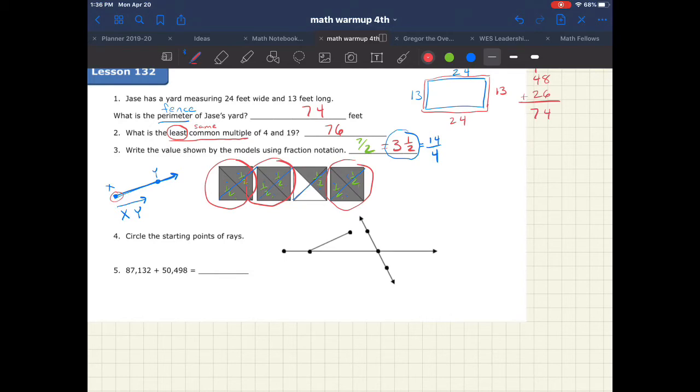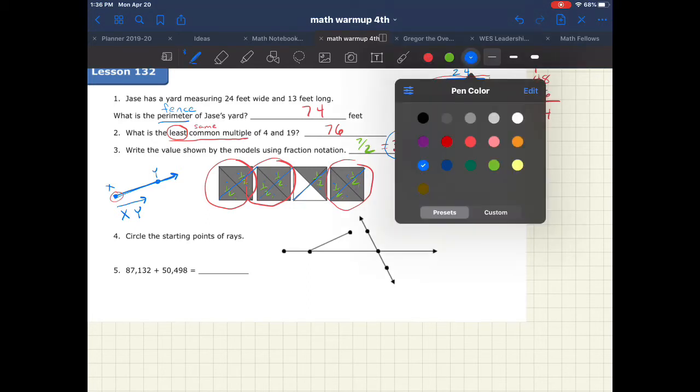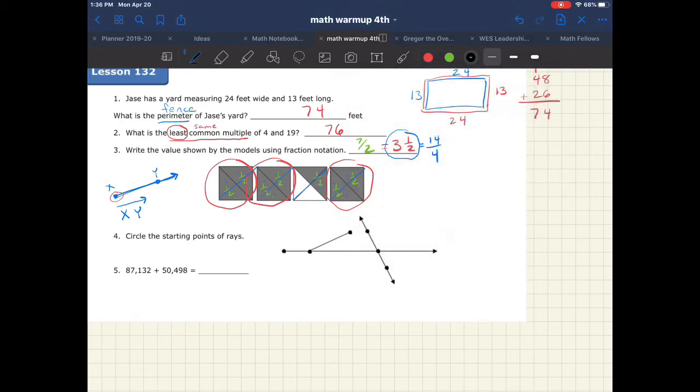Now this picture they gave us is kind of confusing because there are so many dots on some of these lines. So I'm going to name these points so that we can discuss what they mean. This is the reason that we name points, is so that we can talk about them more clearly.